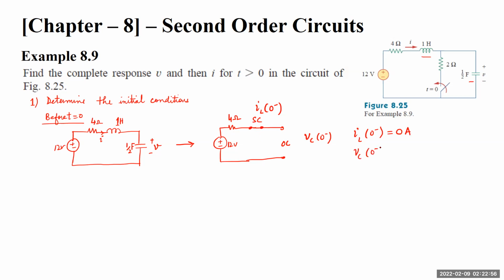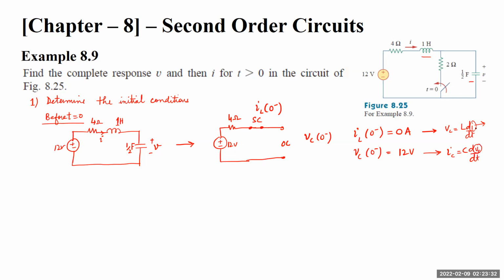Similarly, VC of 0 negative is equal to 12 volts, since it is an open circuit and all the source voltage appears across these terminals. From an inductor, we know that VL is L di by dt. It means that the current does not change instantaneously in an inductor. Similarly, for a capacitor, i equals C dV by dt.